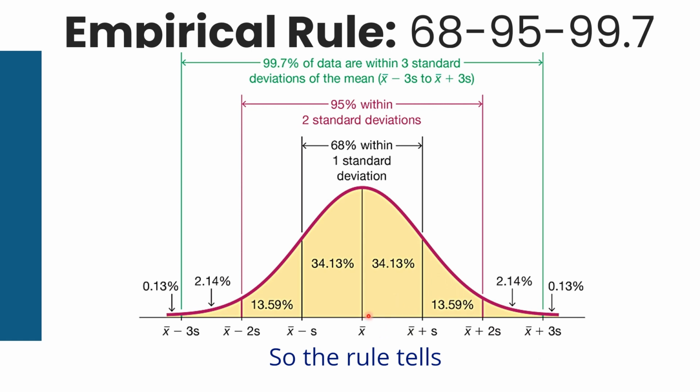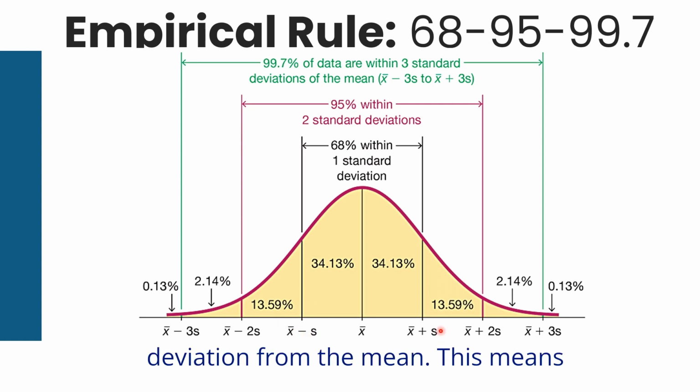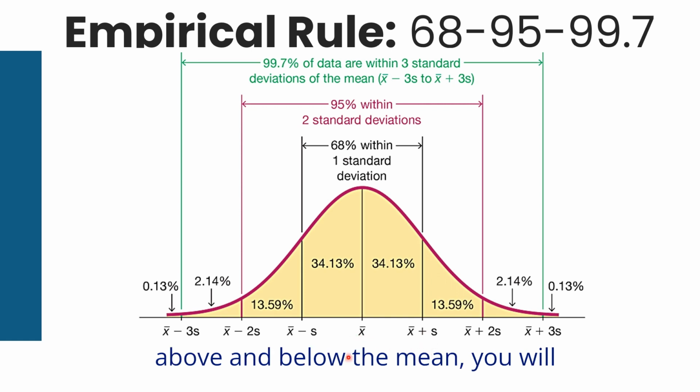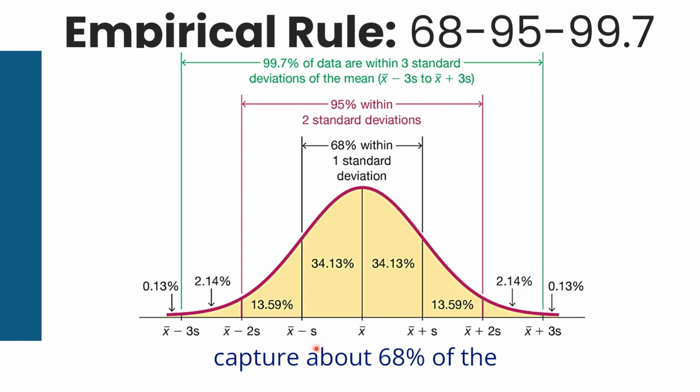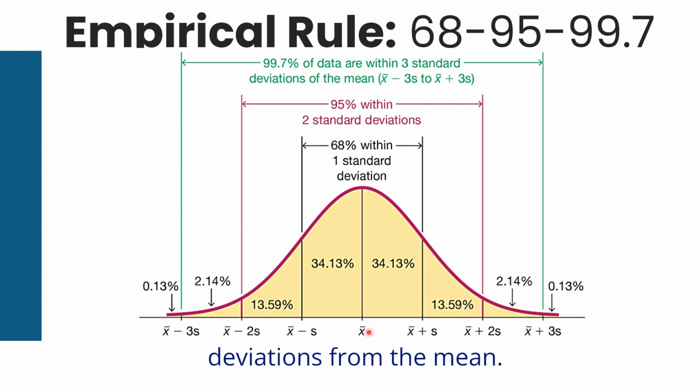So the rule tells us that about 68% of all values fall within one standard deviation from the mean. This means that if you go one standard deviation above and below the mean, you will capture about 68% of the data. About 95% of all values fall within two standard deviations from the mean.